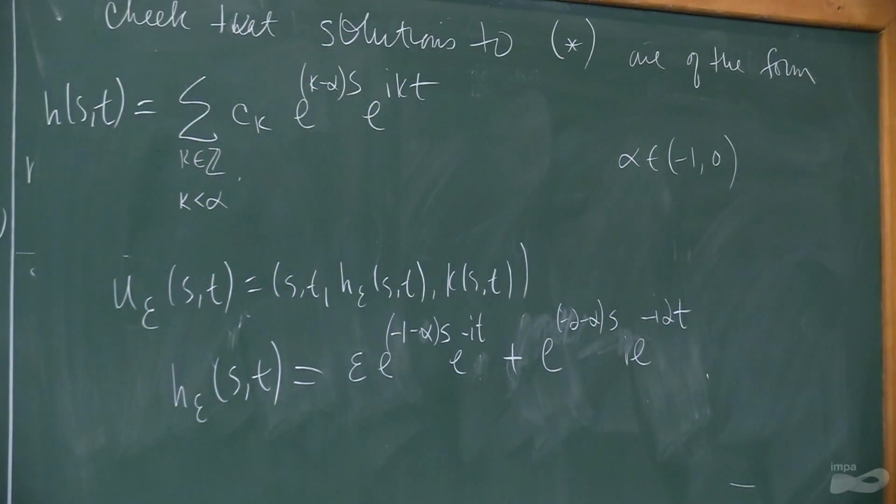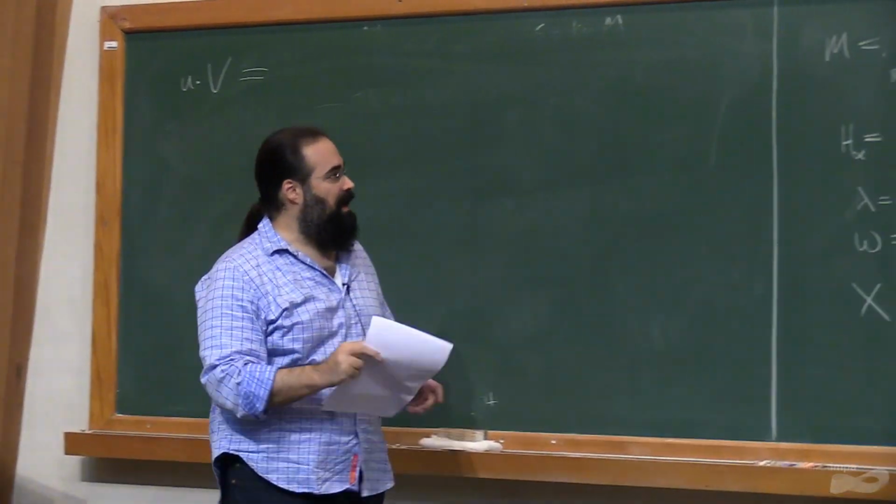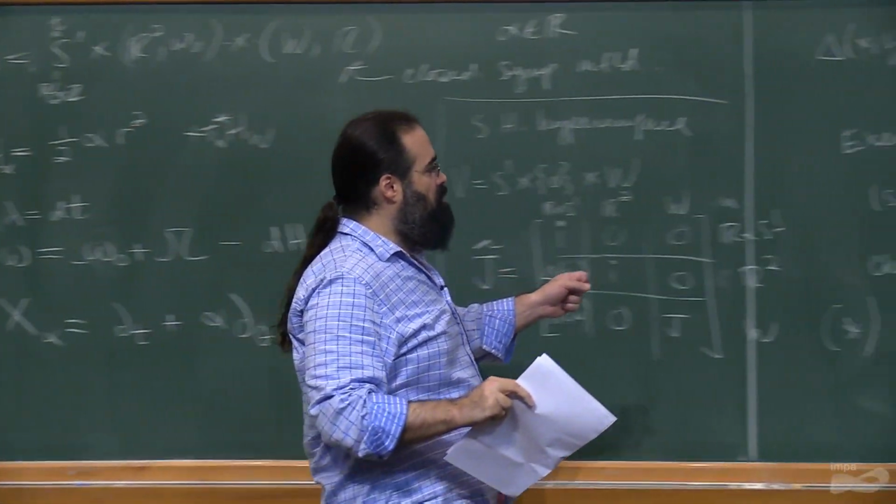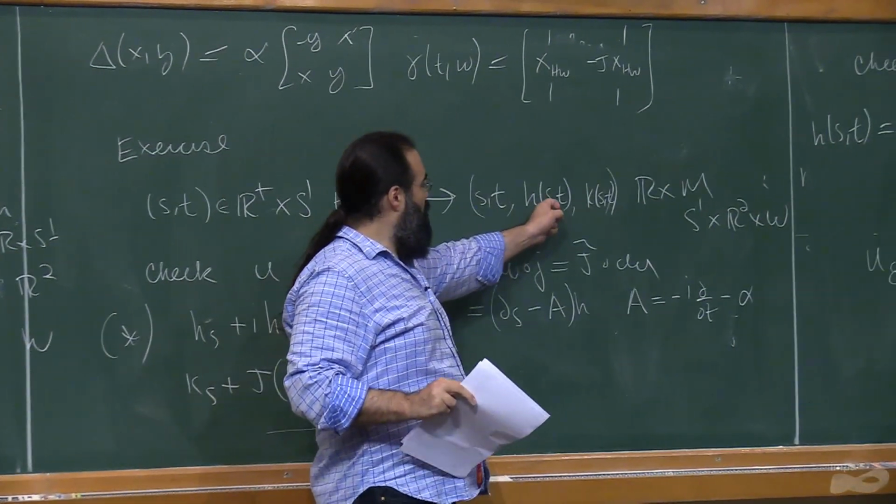Any number works. I probably won't have enough time to get into details where I play around with the alpha and show kind of how it changes things. But so I want to count intersections of u and v. And if we look at the form this takes, v is where this component is 0.